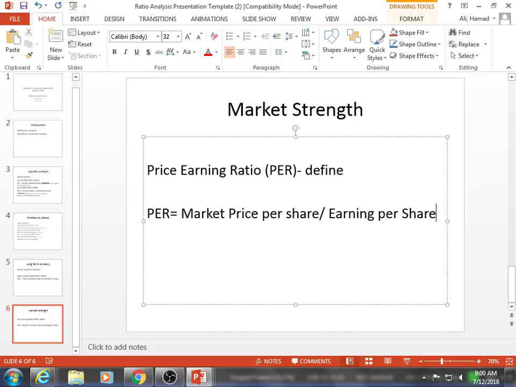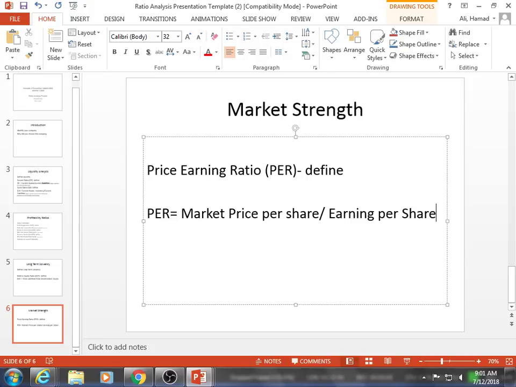76.6 divided by... I need to go get earnings per share. Look in your income statement. You may already have your earnings per share. Diluted, yeah.